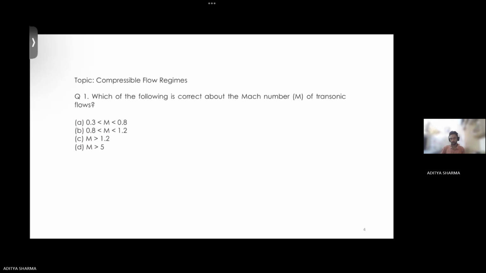The first option gives a range, and then the second option gives a range. Then the third option again gives some Mach range, and the same is with the last option.